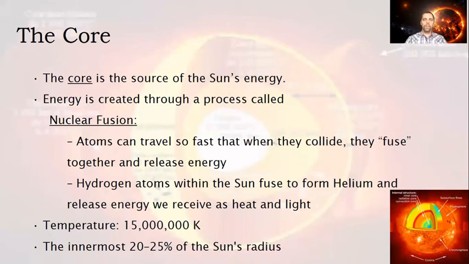First of all, we will talk about the innermost part of the sun, the core. The innermost 20–25% of the sun's radius is actually the core, where the energy is created. Due to the immense nuclear fusion we discussed before, it's really hot here, around 15 million degrees.